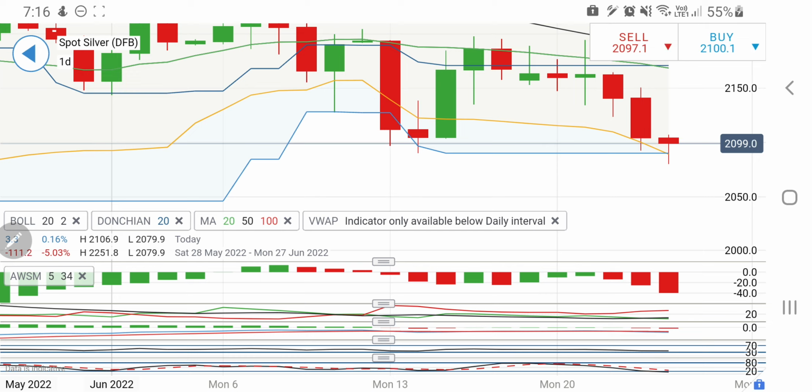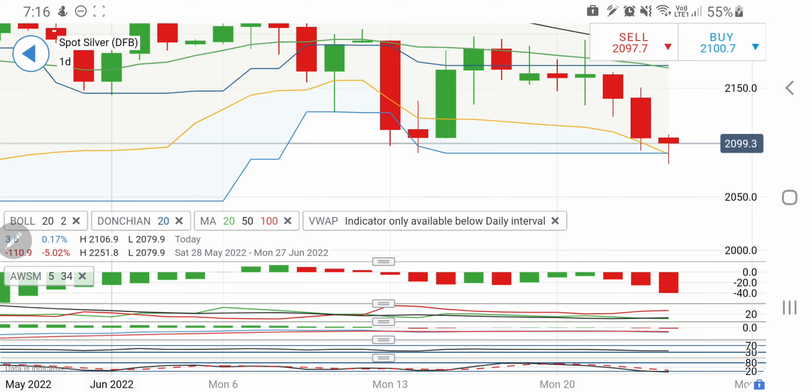Till the time it trades below 2110, you can go short at 2090 levels. 2080 is very strong support, similar to what we have seen at 2140 and 2120. So below 2090 you can expect 2080. Below 2080, I look forward to 2060 and 2040 levels.